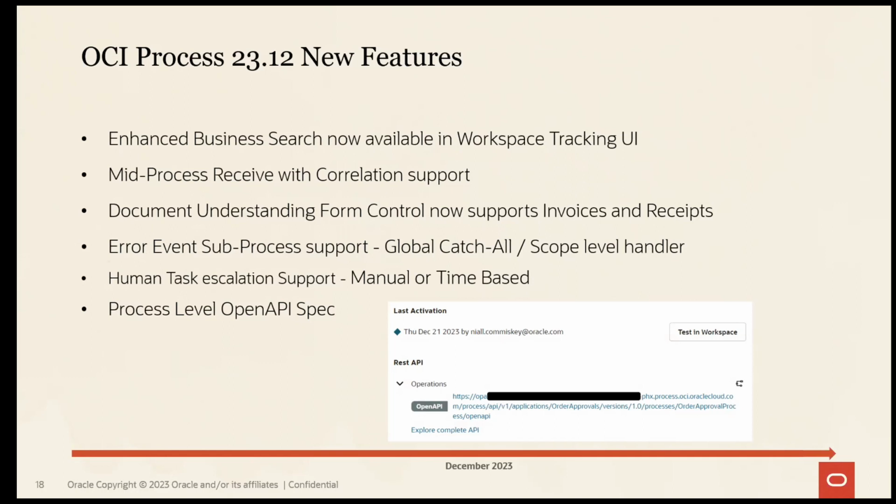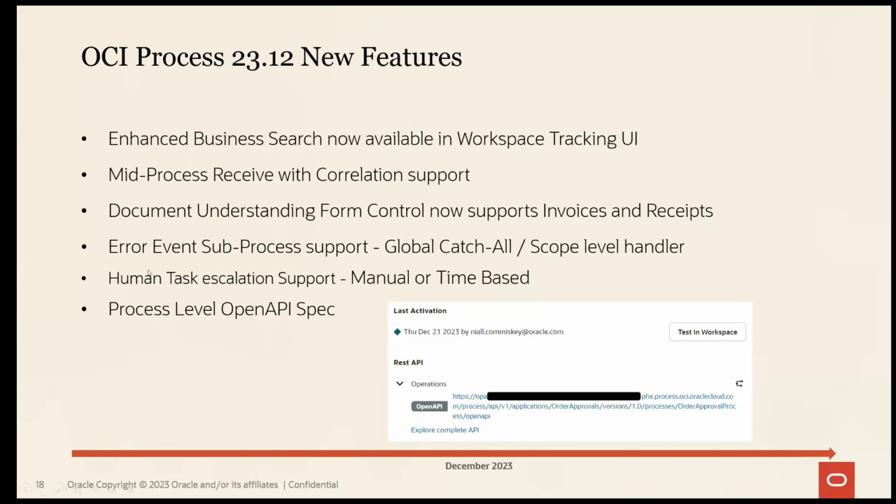But this form control has been augmented with support for invoices and receipts. So this is using our OCI AI service Document Understanding to parse these documents and pull out the salient information. This is another great value add, and it shows just how important it is for us to be part of OCI and all of these other compelling services that we can leverage so easily.